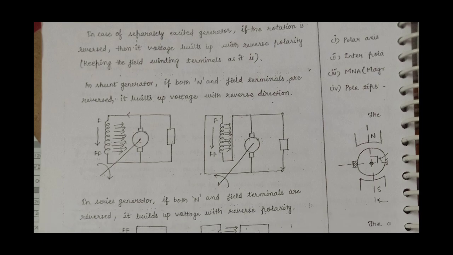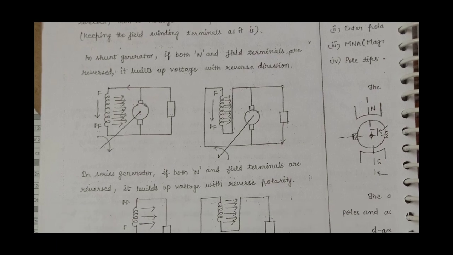In shunt generator, if both N and field windings are reversed, it will build up a voltage with the reverse direction.